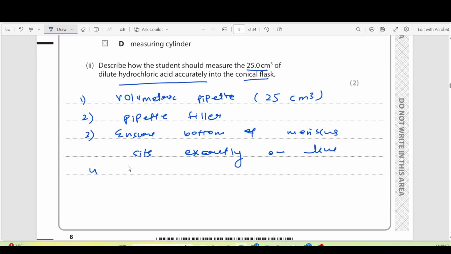And then fourth is transfer the liquid into the conical flask and allow it to drain under gravity.